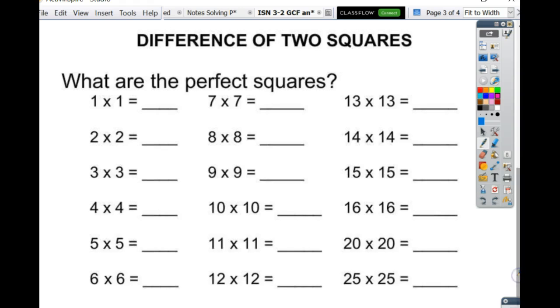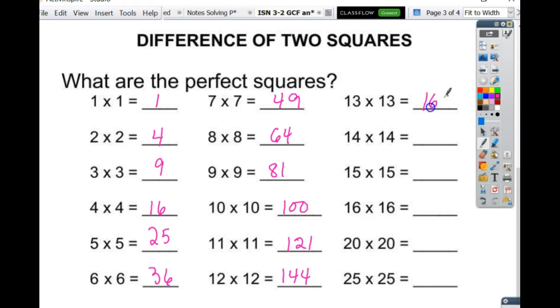All right, go ahead and fill in the chart. What's 14 times 14? 196.